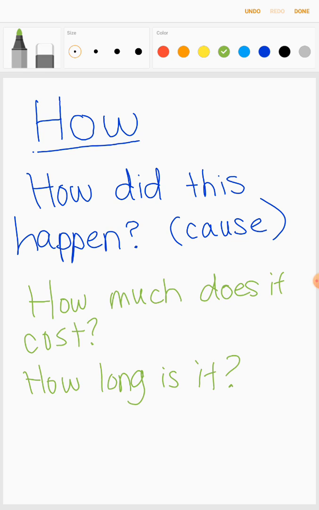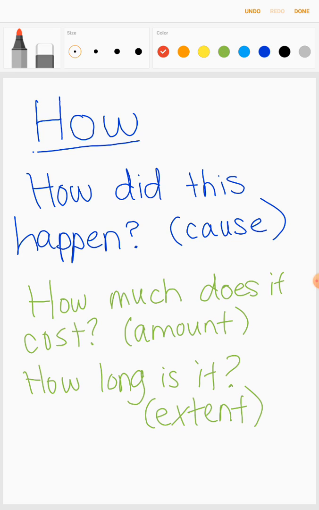If I wanted to find out how much a candy bar costs, I would say, how much does it cost to someone that works at the store? If I wanted to find out how long the textbook was, I could ask my friend if they could measure it with their ruler. So this is finding the amount or extent of something. So we can use this question word how to ask a number of different questions.